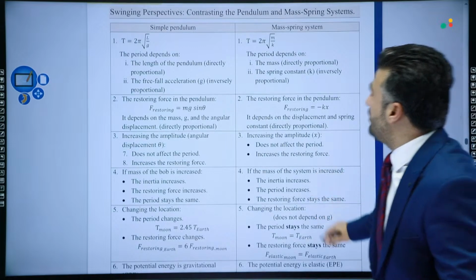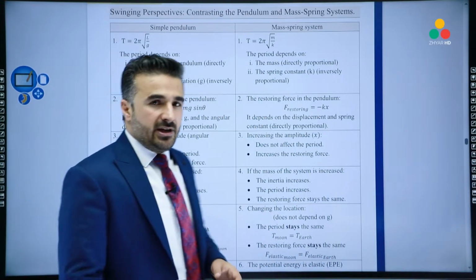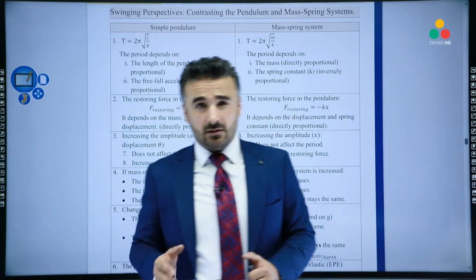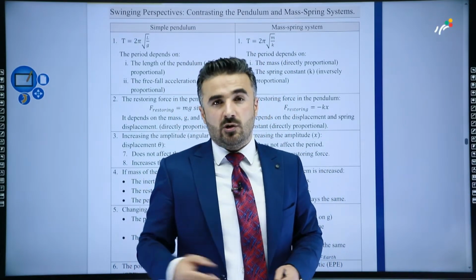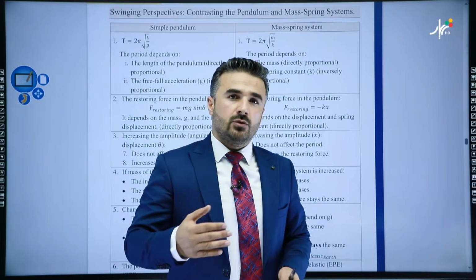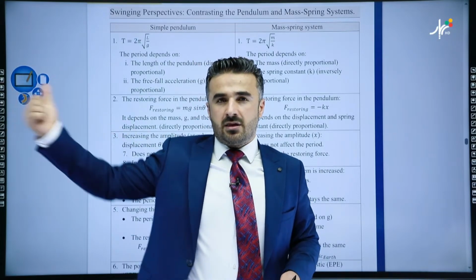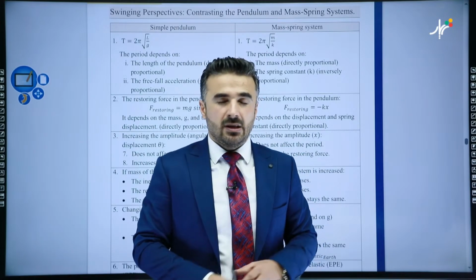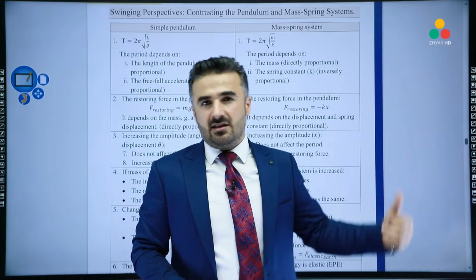We do know that the period of a pendulum is equal to 2 pi times the square root of length over gravitational acceleration, correct? In other words, the period of a pendulum depends on the length and on gravitational acceleration. But the period of a mass spring system depends on the mass and the spring constant.